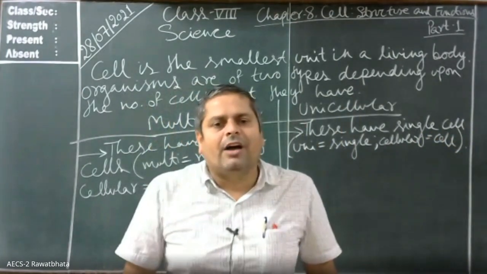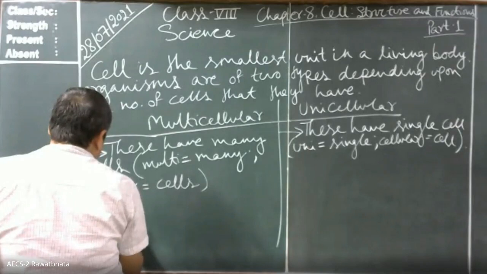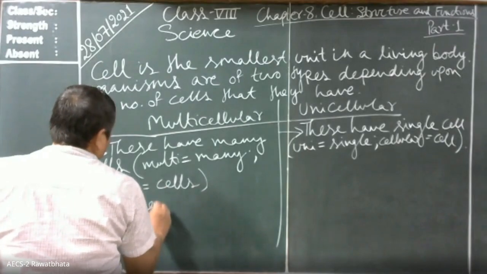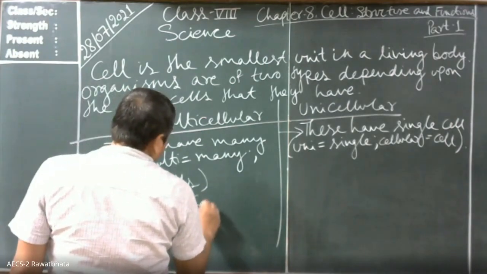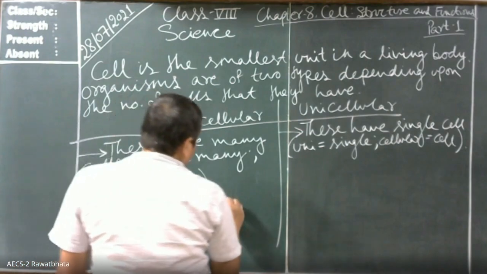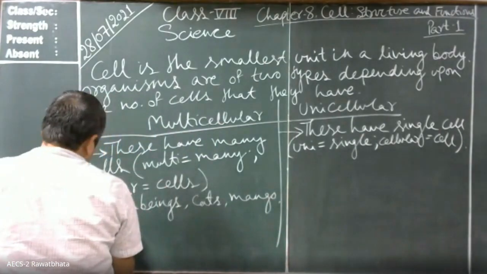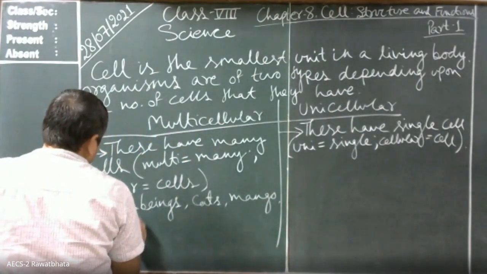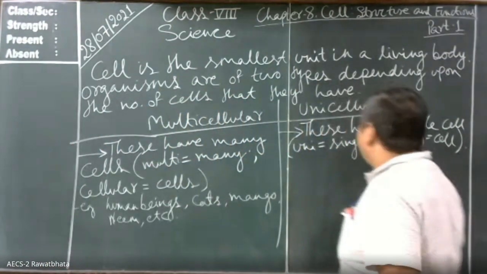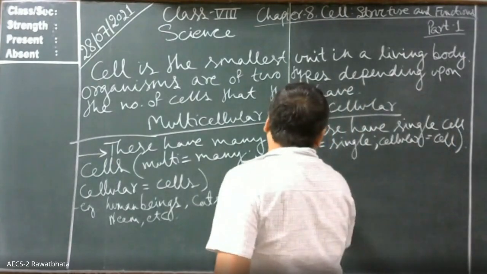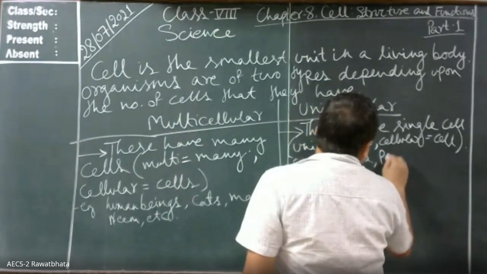Now, our body, like for example, human beings, cats, plants like mango, then neem tree, etc. These are all multicellular organisms. On the other hand, there are single cell organisms like, for example, amoeba, paramecium, etc.